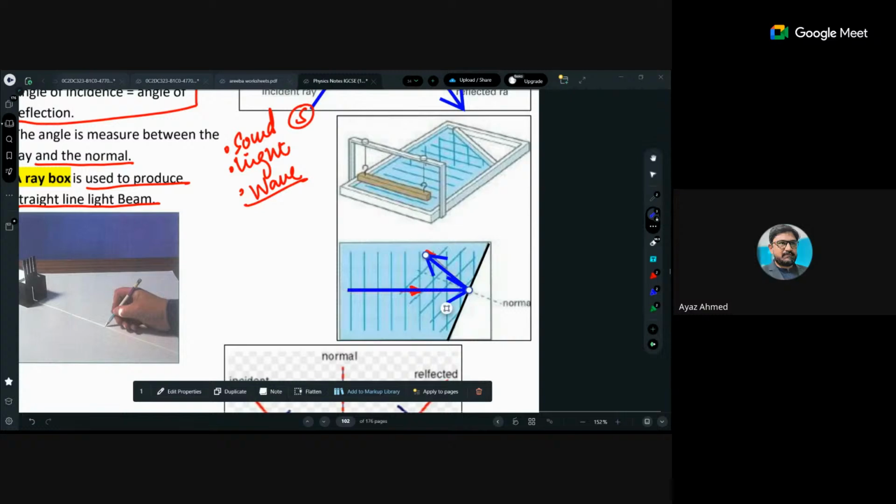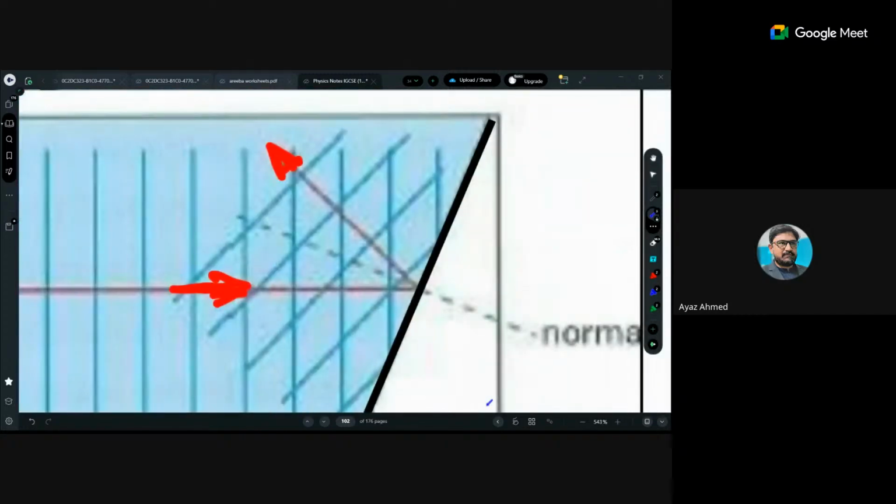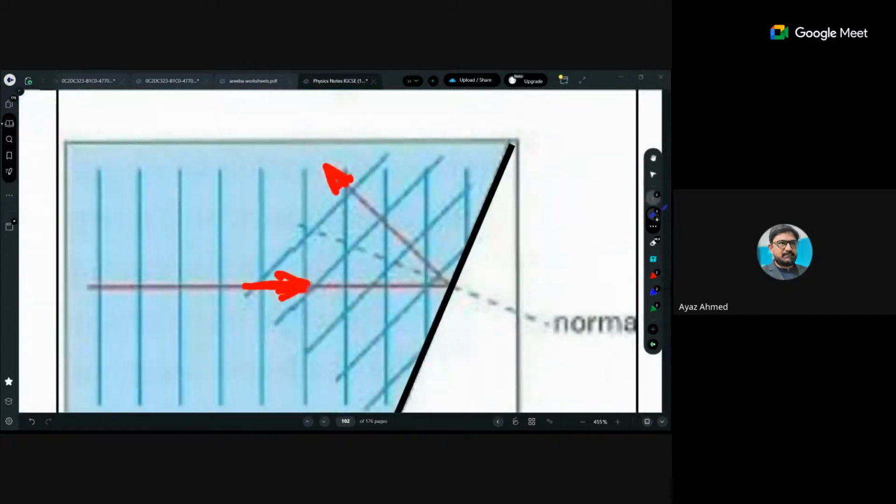But okay, it is making a mess here. Let me delete this one. Okay, देखो, are you seeing these two red lines? ये check करो. Do you see that? Yes, sir. Now you have to draw a normal at this point where they are going to be intersected or where they are going to hit.